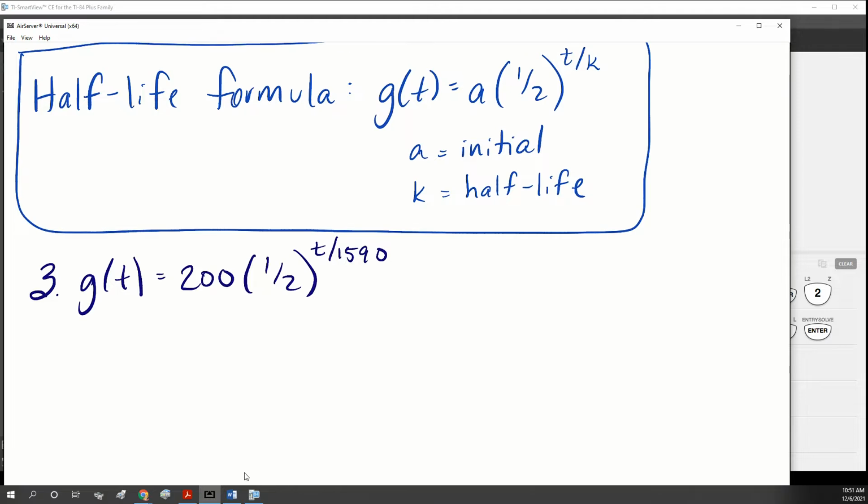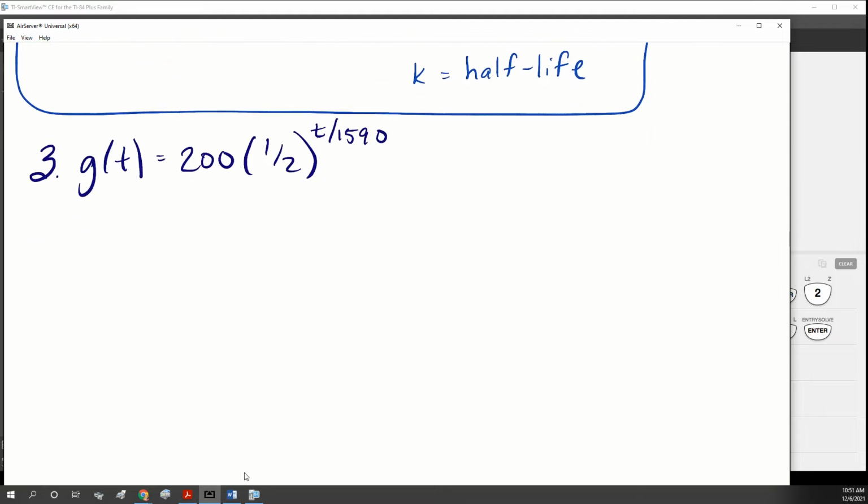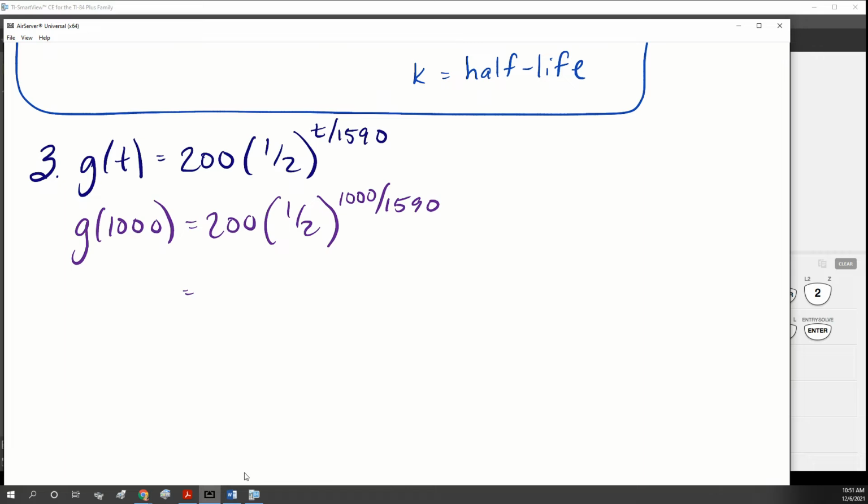So what are we going to do with that to figure out how much is left after 1,000 years? Okay, we're going to put 1,000 in for T. And you can just type that straight in the calculator.